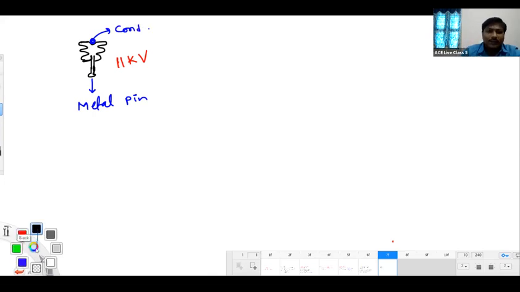And I will show the low voltage level pin type insulator. You will have something like this. You can see the insulator in this shape. This is a metal pin, you can say.